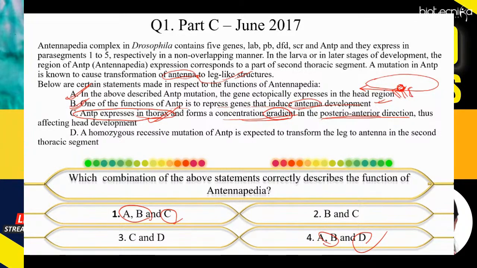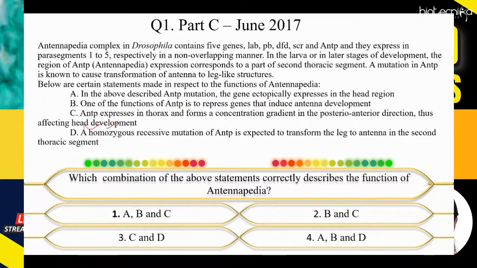Now, if there is overexpression in a concentration gradient, then maximum expression of ectopic legs would have been in between the head and thorax. But here the expression is maximum in the head region only. That means this gradient part is not correct. It doesn't form a concentration gradient. It does affect the head development, but in a different manner, not in this posterior anterior direction.